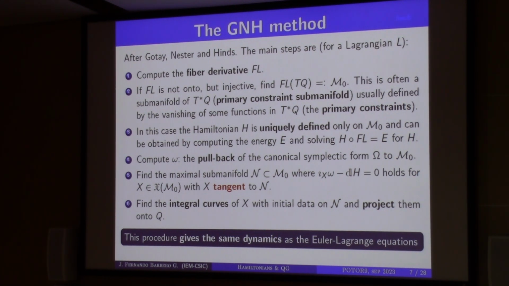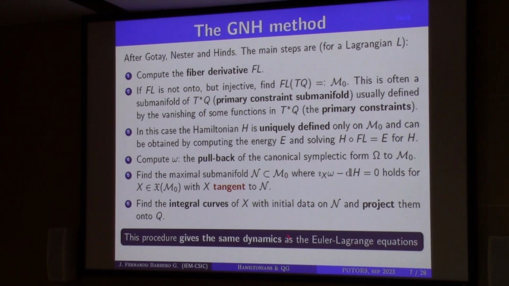So that is one of the ingredients that you have there. Again, from Dirac's perspective, what he says is, well, on this primary constraint submanifold, you have a unique Hamiltonian, but you don't know what happens beyond that, so you may have many extensions of that, and he actually considers a family of extensions to really study dynamics and get consistency, okay? Here, actually, you just care about the value of the Hamiltonian on the primary constraint submanifold and nothing else.